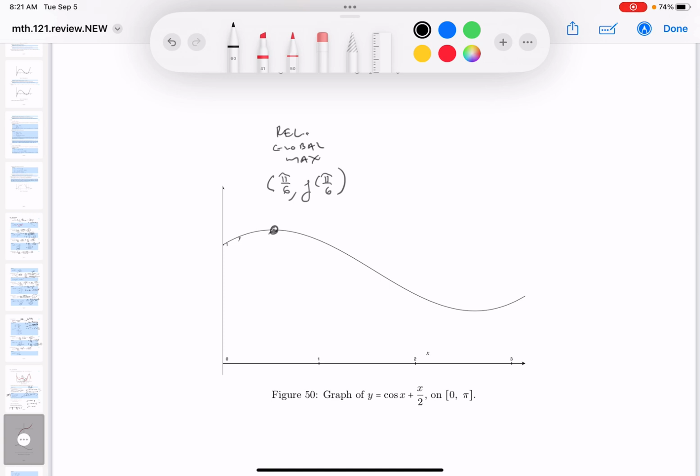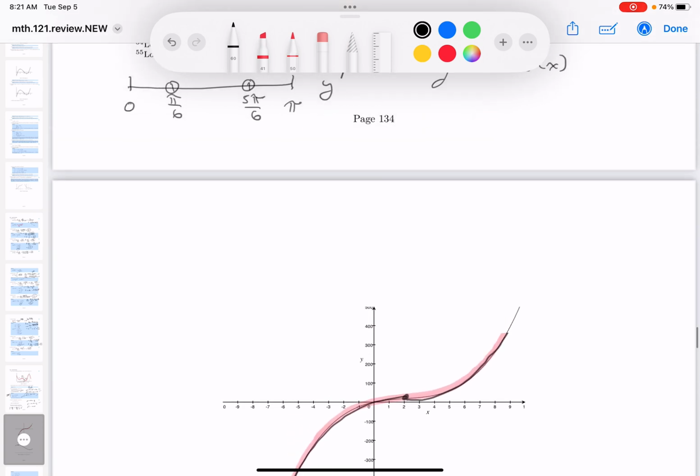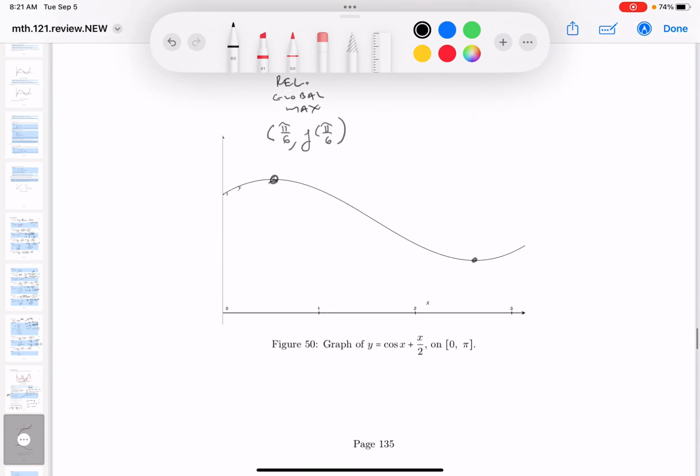So I got that one part. I'm going to do this one over here now. Someone says, what's that point over there? Well, it's 5 pi over 6, and then f of 5 pi over 6. I got 2 points there. This is a relative minimum, but it's also global on this given interval.